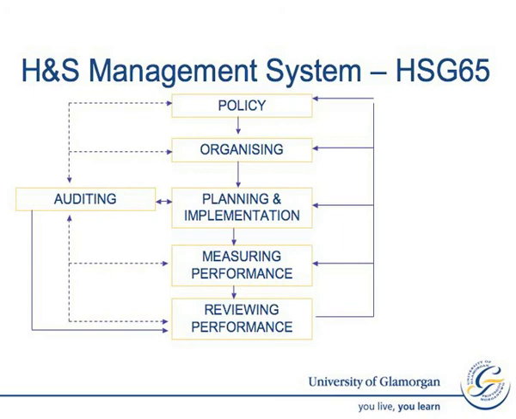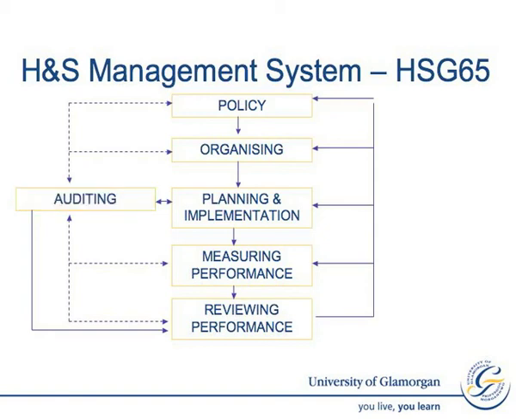And this is our HSE model. What we've got here is 6 boxes. Starts with policy, organising, planning and implementation, measuring performance, reviewing performance, and on the side we've got the box that's called auditing.